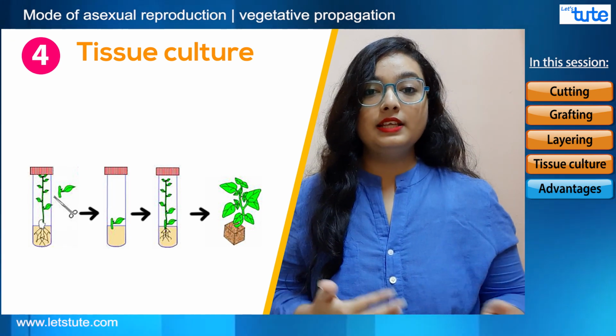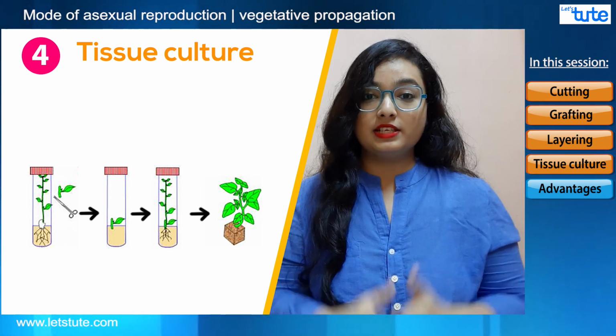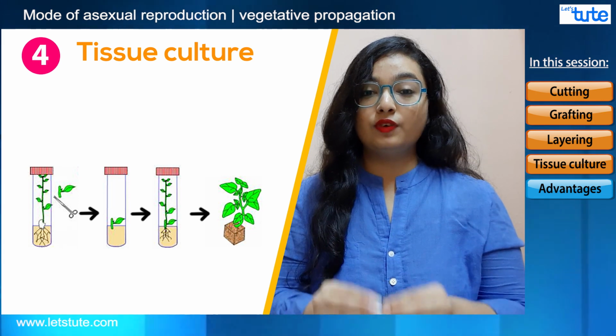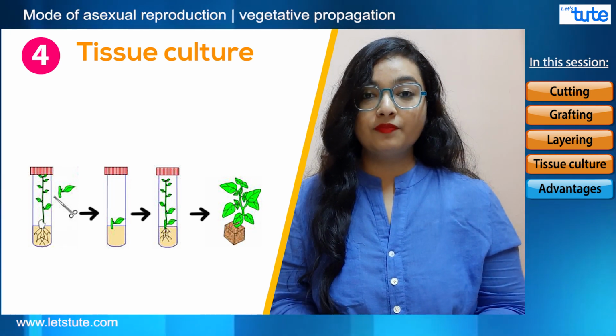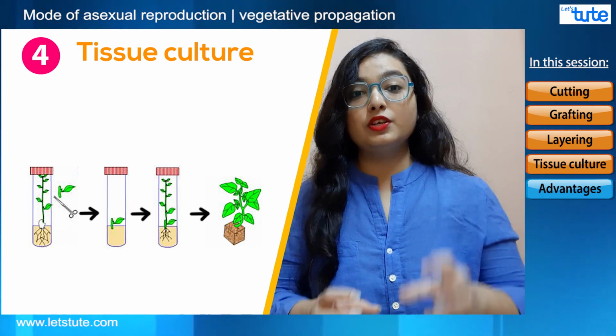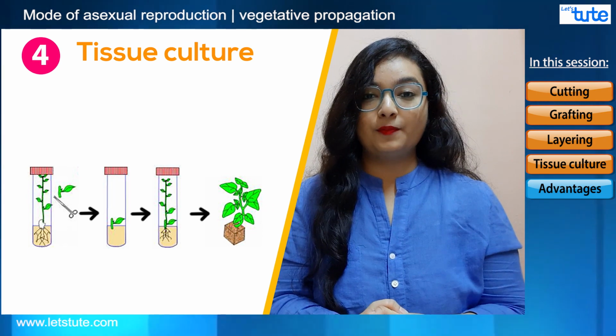This media contains many growth hormones as well as all the nutrients which are necessary for a plant to grow. These cells which were initially put into the media form a mass of cells. This mass of cells is known as callus.